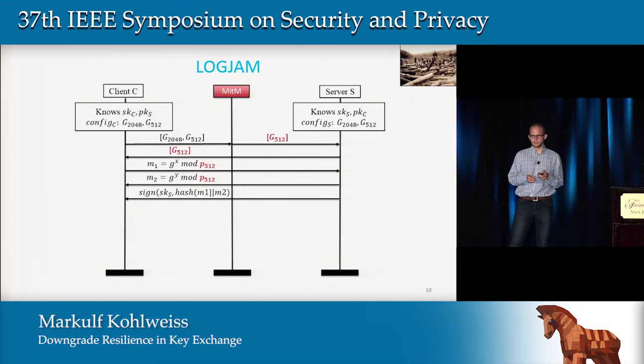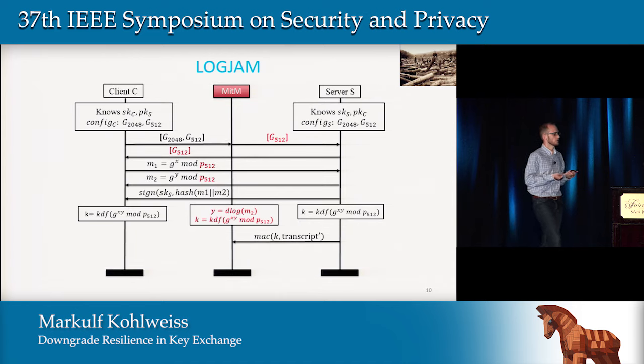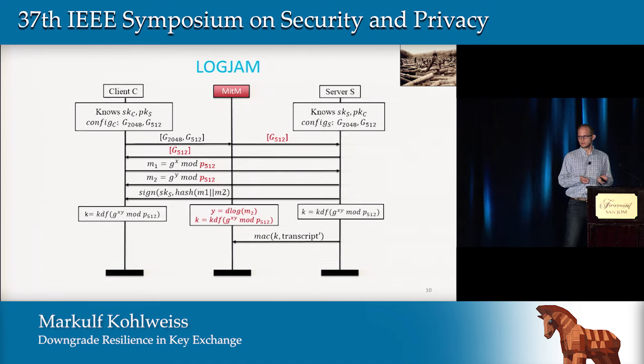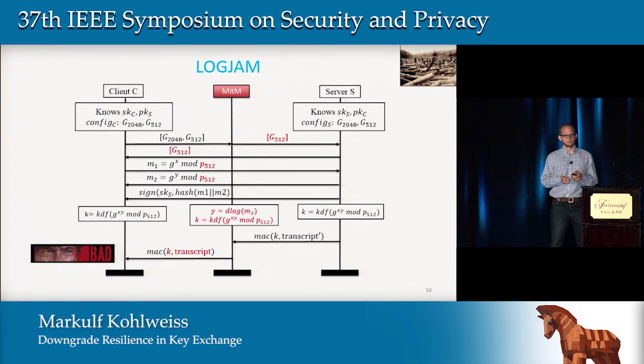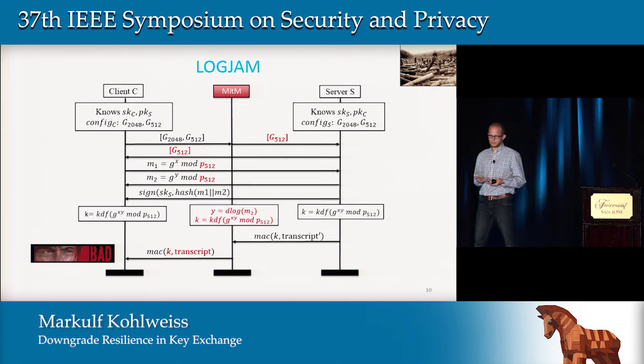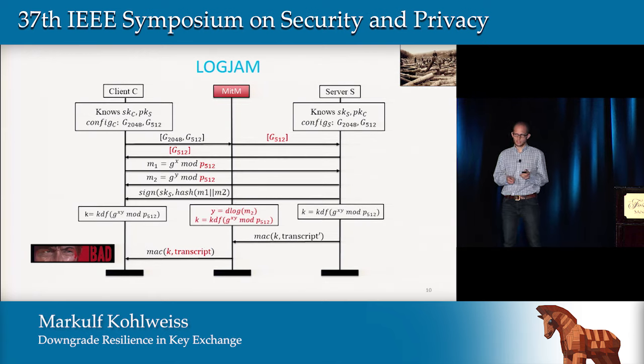At this point, the parties can compute the keys, and I mean actually all parties, because by breaking this discrete logarithm for the smaller group, the man-in-the-middle attacker can also compute the key K, and then forge the finished message. So this is a break of key confirmation and breaks downgrade security of TLS 1.2.